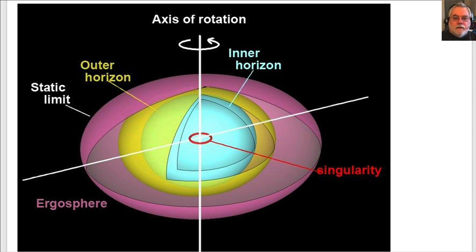In place of a singularity point, a rotating black hole has a singularity ring, the red ring in this image, in the equatorial plane perpendicular to its rotation axis. This is the rotation axis and the direction of rotation.